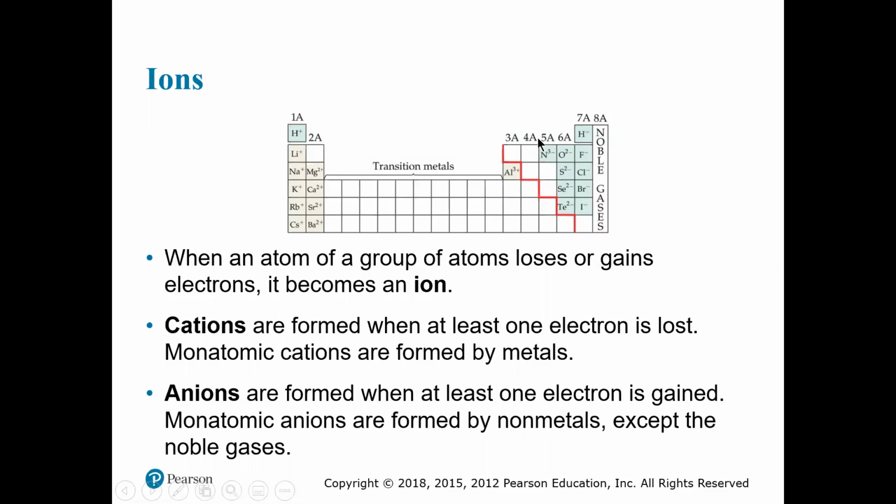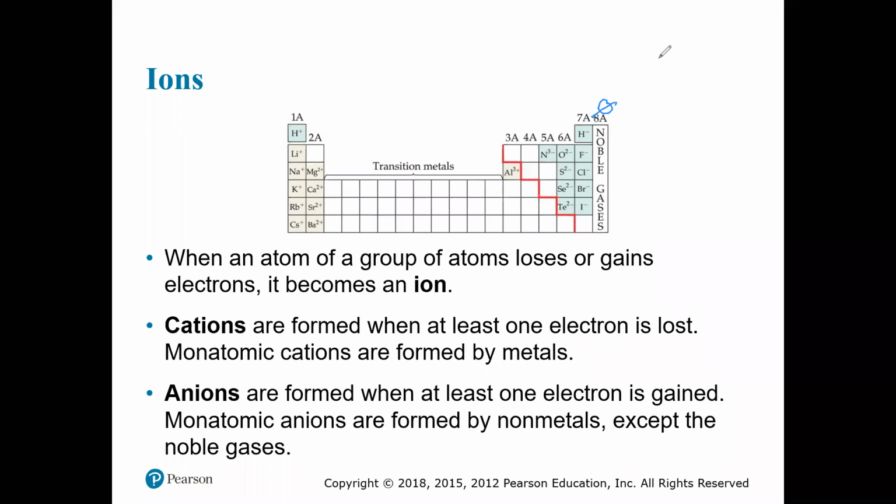Nitrogen, 3-. Column 6 is all 2-. Column 7 is 1-. And noble gases, I like to put a 0 with a strike through it, because those don't form a charge. Their charges are neutral, or 0.